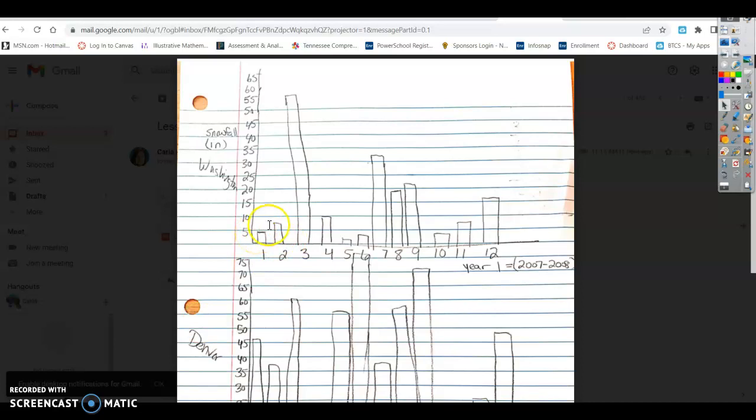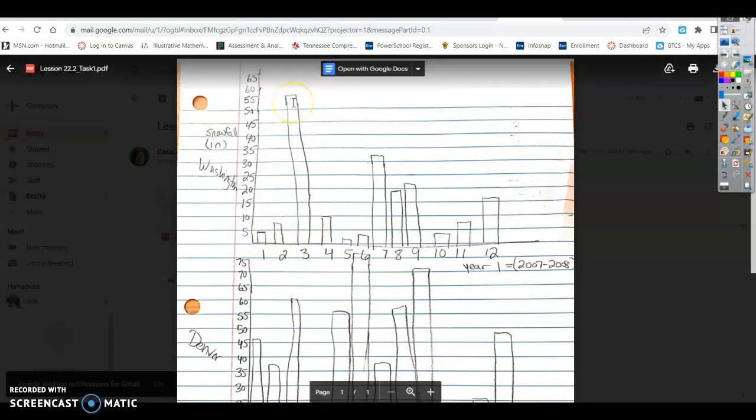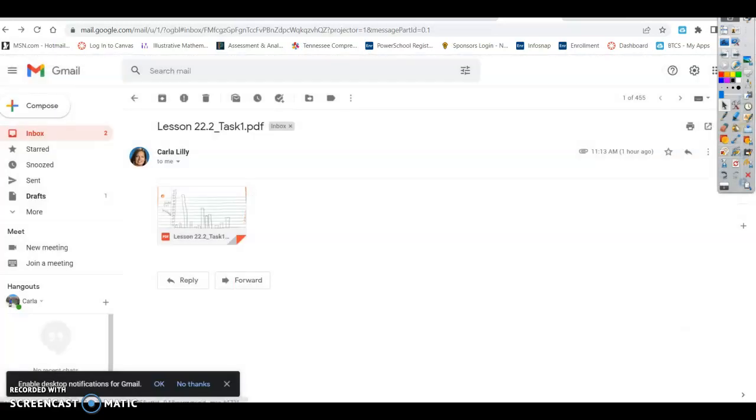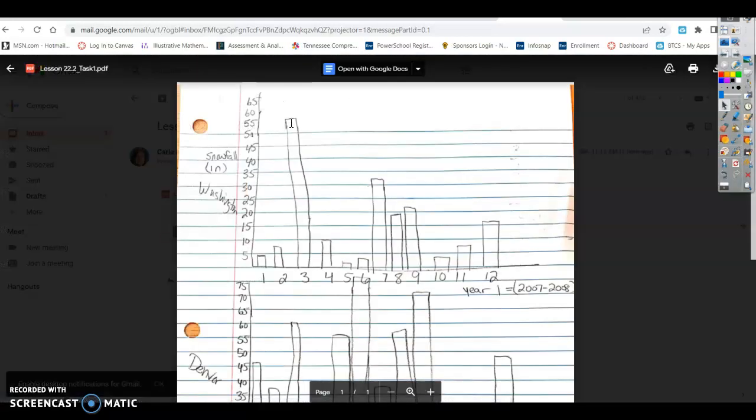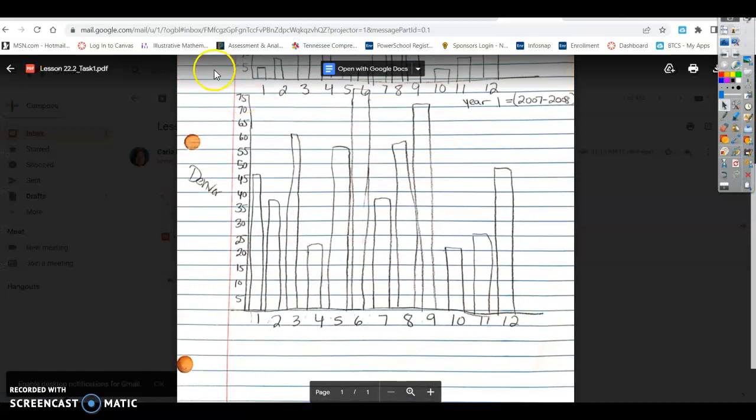So if we're looking at the snowfall in inches, year 3, that's the year that they got the big snowstorm, is very much different than the rest of the graph. So that one more than likely is going to be an outlier. Alright, so on the bottom graph is Denver.